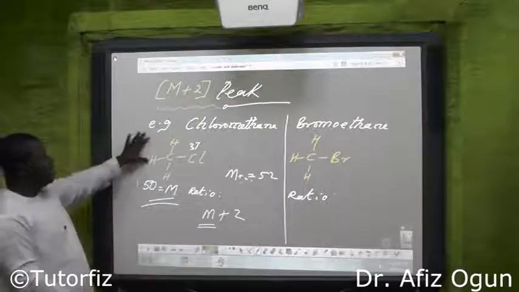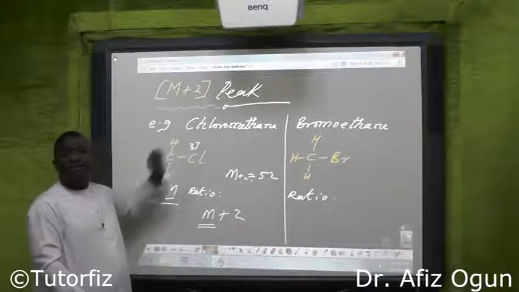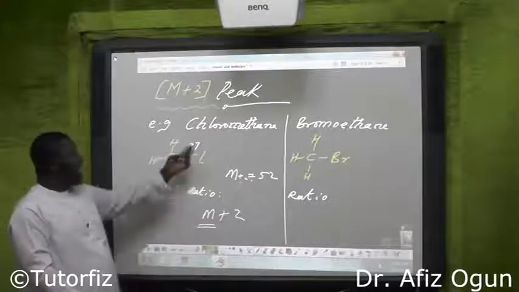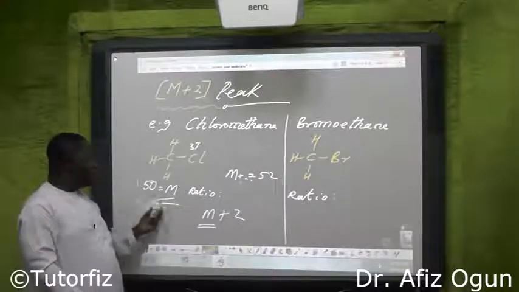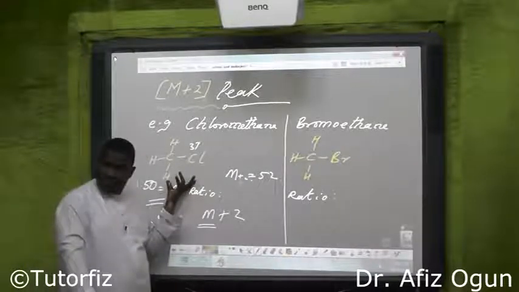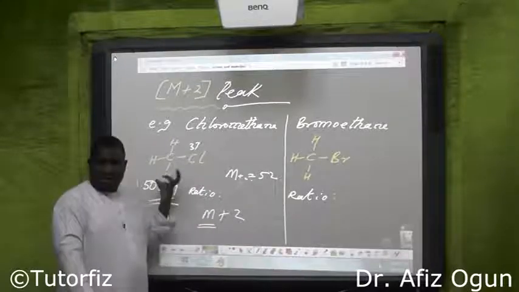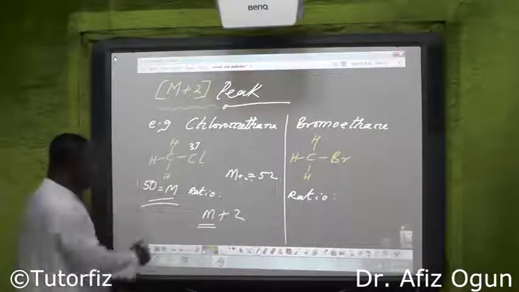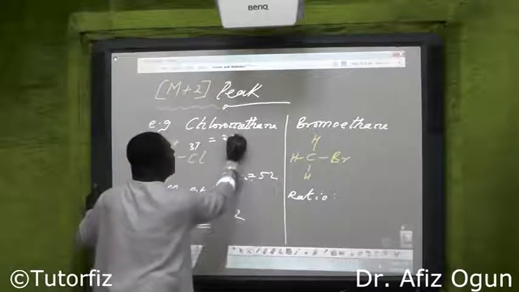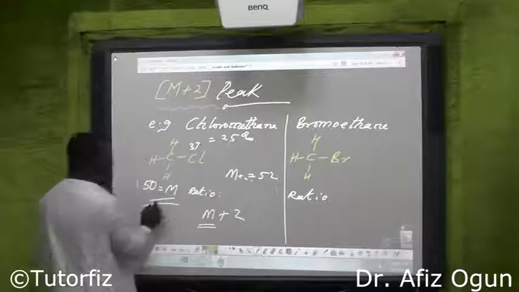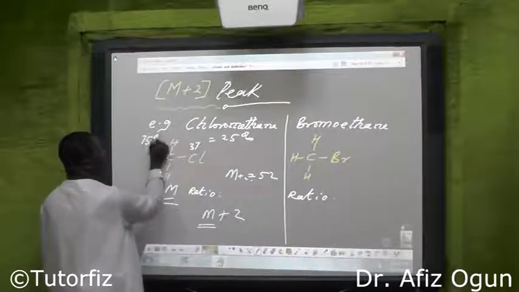In this case, when you have halogenoalkanes like this, and one isotope is 37 and one isotope is 35, how do you know it's chlorine? You will see 2 peaks, the M peak and the M plus 2 peak, because 37 is always 25% and 35 is always 75% isotope.